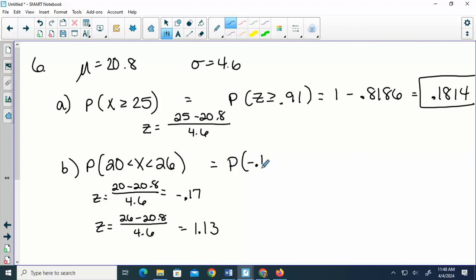So we are finding the probability that Z is between this. To do that, we have to subtract the probabilities. The bigger one has to come first, so we look up the probability for 1.13. So from my table, that is 0.8708 minus the probability for negative 0.17, 0.4325. And subtract those, and we get 8.